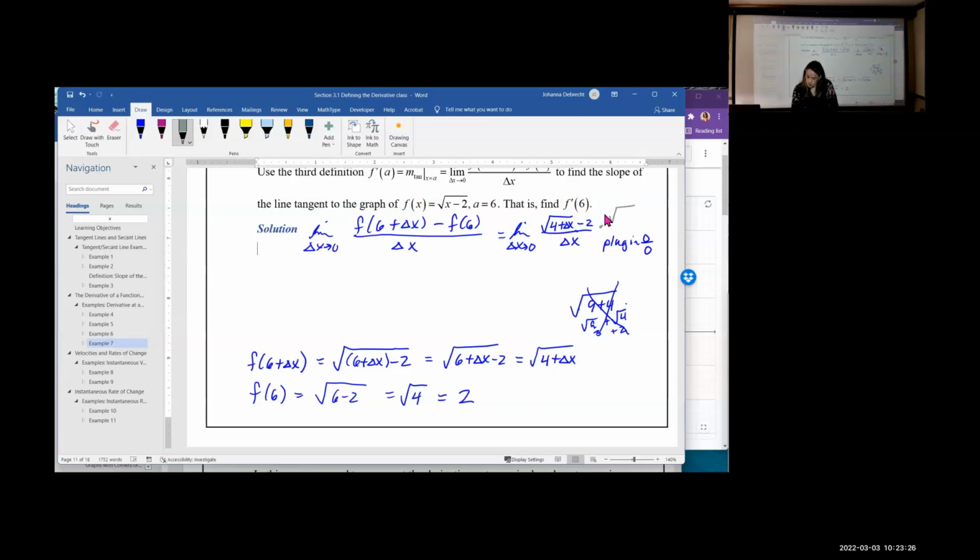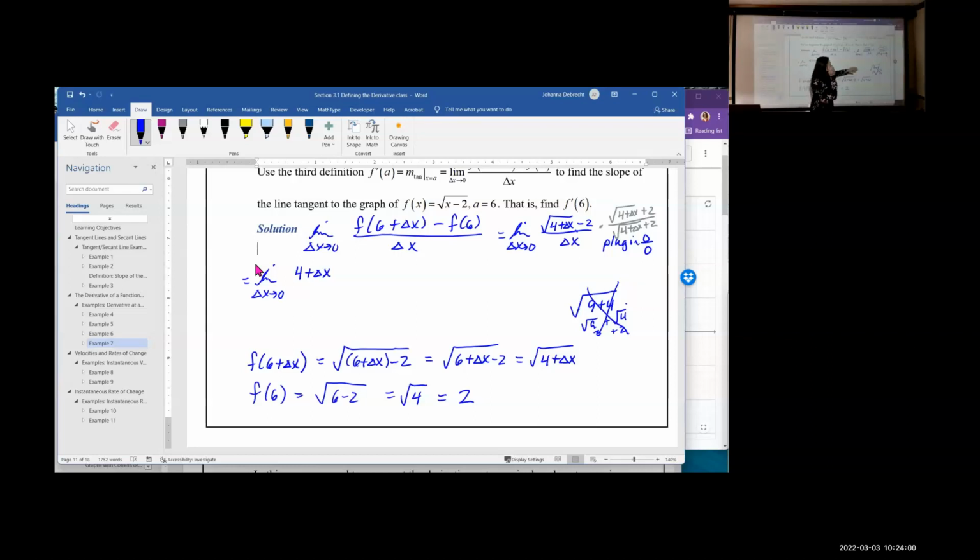So that would give me 4 plus delta x plus 2 over radical 4 plus delta x plus 2. We'll leave the denominator factored out. And we'll multiply together the numerator. That we multiply the conjugate pair. And so it's going to lift off the radical and give us 4 plus delta x.